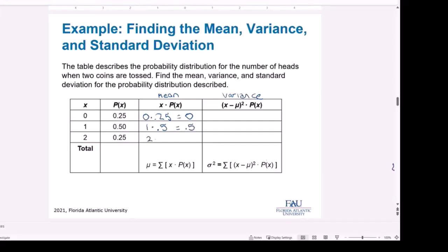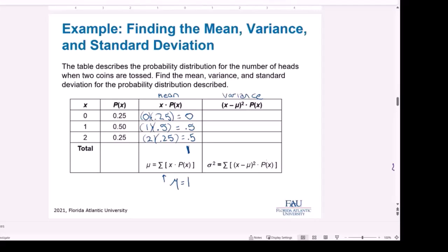And 2 times 0.25 is also 0.5. Now notice when I add these up, 0.5 plus 0.5, I get 1. Now I know my mean is 1.